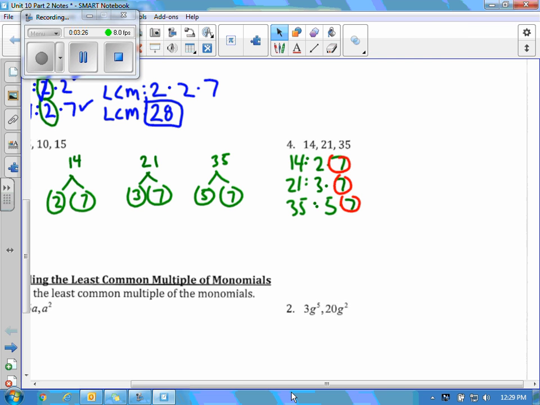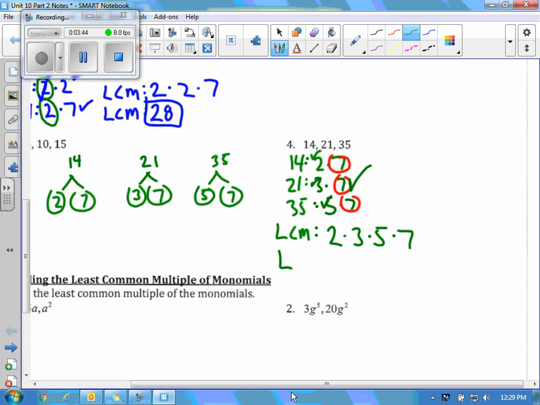So when I go to multiply now to find my least common multiple, I'm going to do 2, which comes from right here, times 3, which comes from right here, times 5, which comes from right here, and then times 7. And there's 3 7s, but they all share that, so I only count it once. Then when I multiply all that together, 2 times 3 times 5 times 7 gives me 210. So that's going to be my least common multiple.